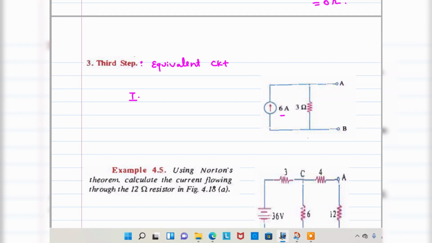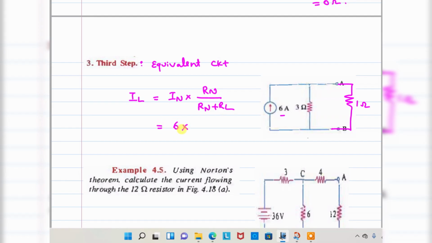In case, for example, we have some load resistance, let me take 1 ohm as the load resistance. Whenever a load resistance is there, you can calculate the current. The formula is IN into RN divided by RN plus RL. This is the formula to find the load current.